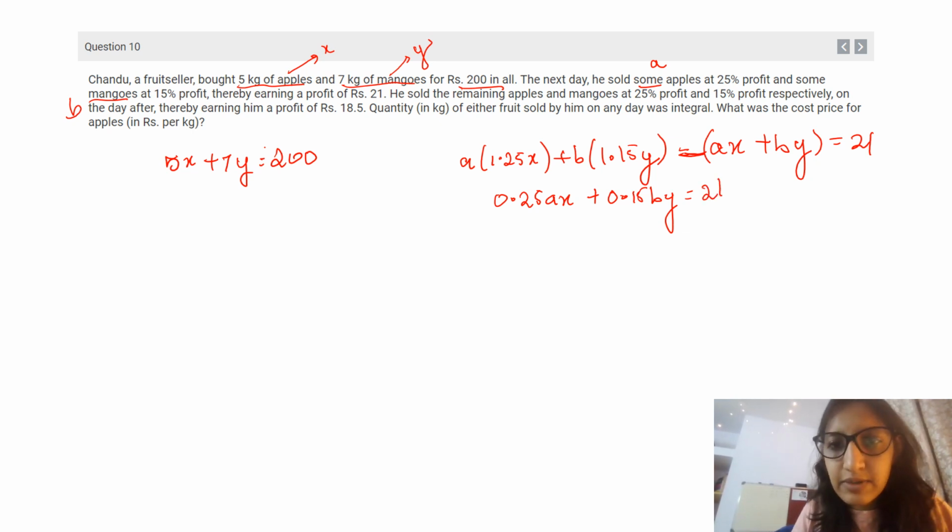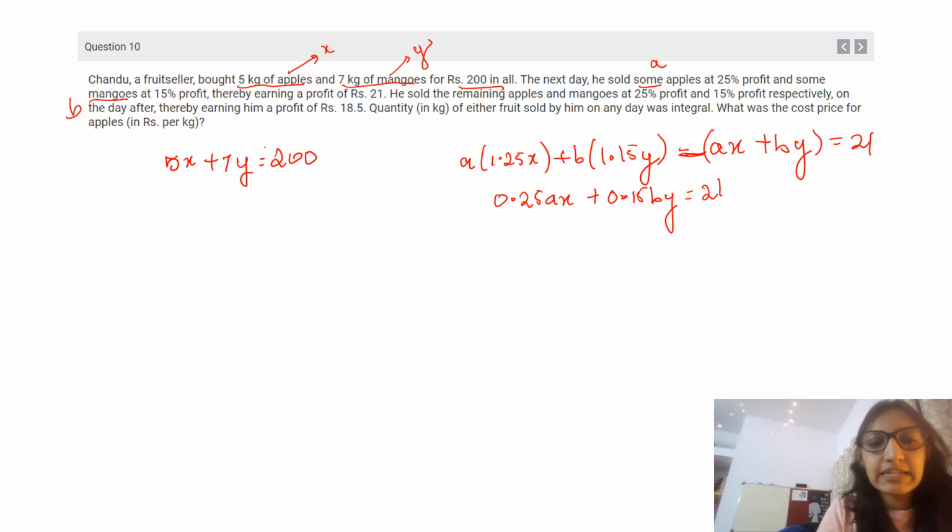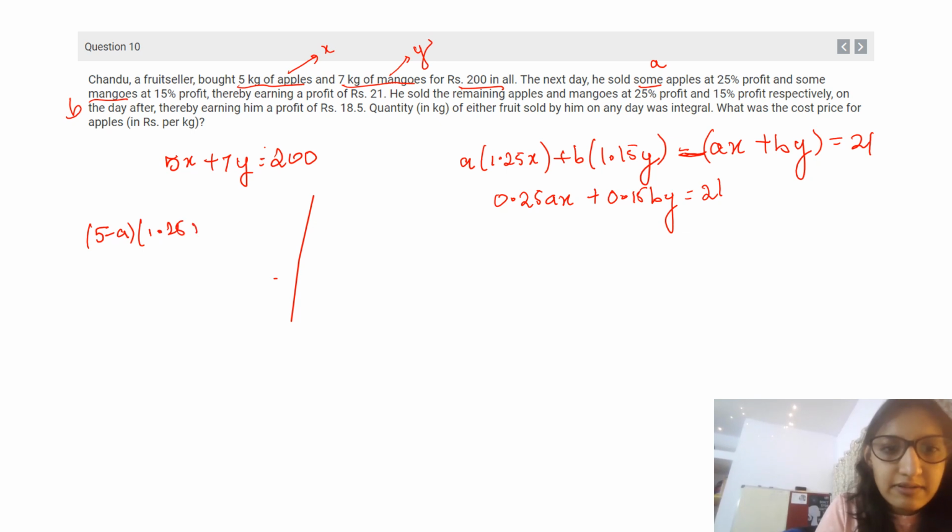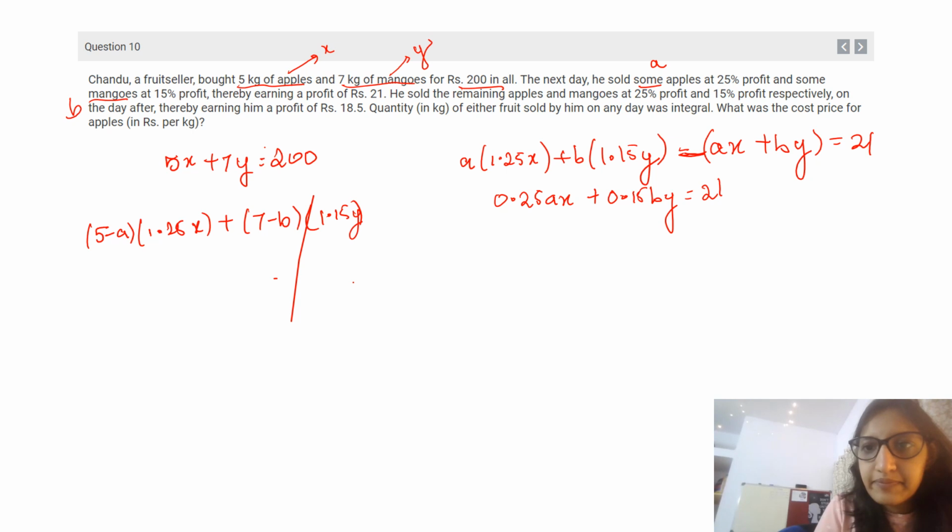Now the next equation we have is for the remaining apples. The remaining apples will be 5 minus A, and those are sold at 25% profit only, plus 7 minus B into 1.15 Y, and the profit is 18.5.